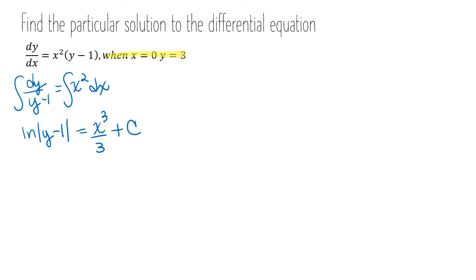Okay. So we want to solve for y, so I'm going to raise e to both sides of the equation. And that lets us cancel out this ln, e to the ln cancels out, so we're just left with this y minus 1.